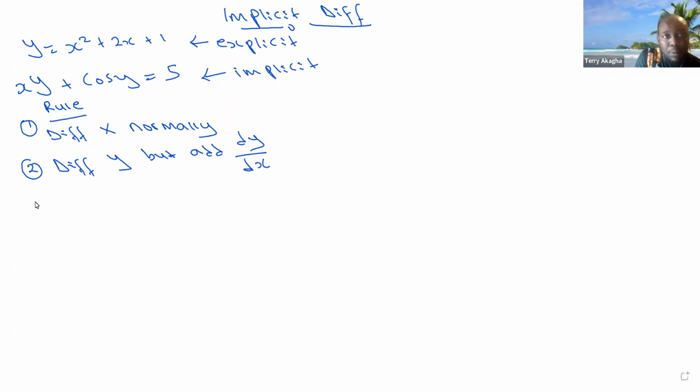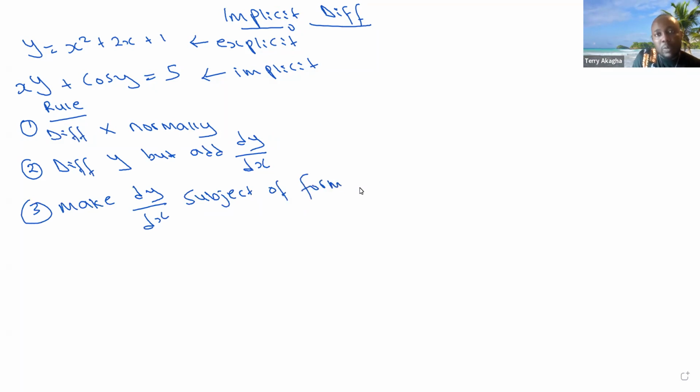And number three, you make dy over dx the subject of the formula. So you differentiate x normally, and when you get to y, you differentiate y, add dy over dx, and after that, you make dy over dx the subject of the formula.